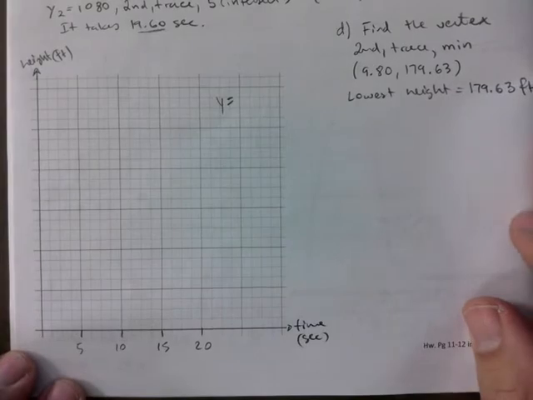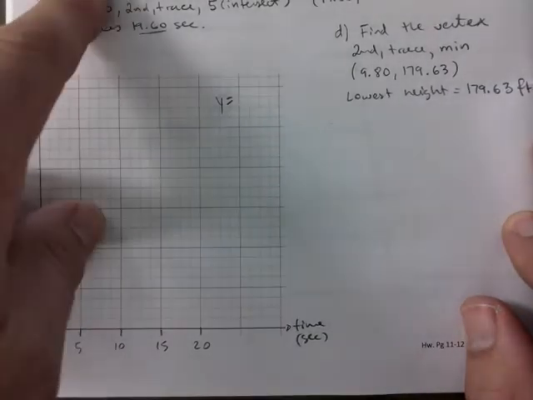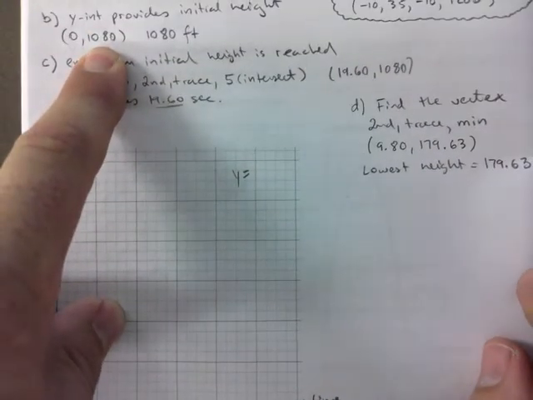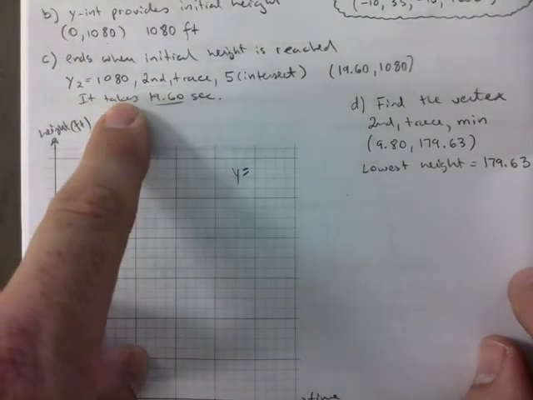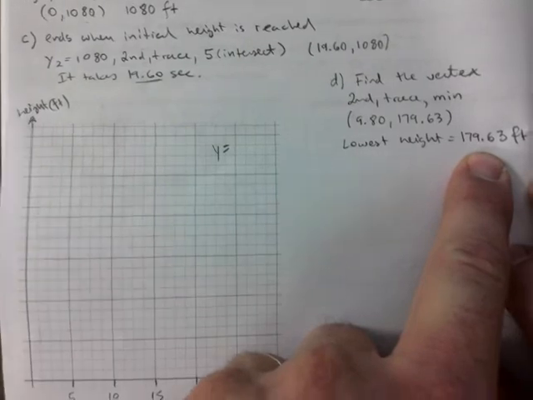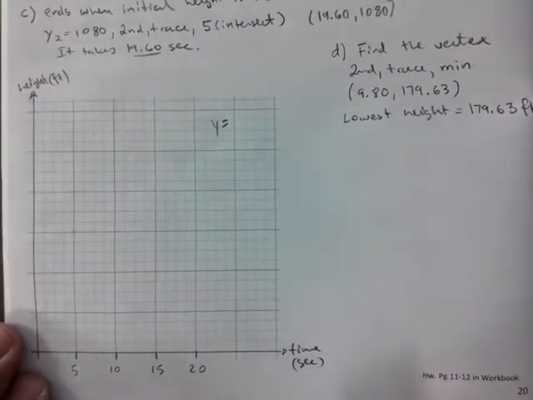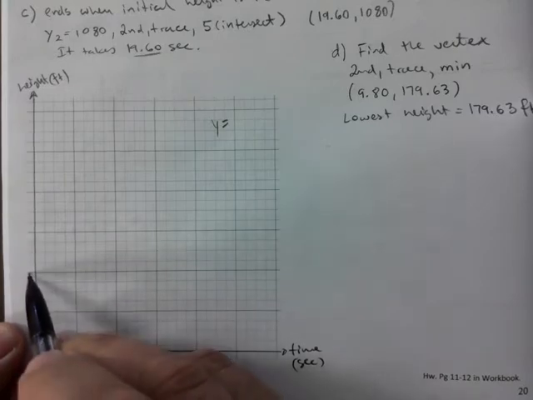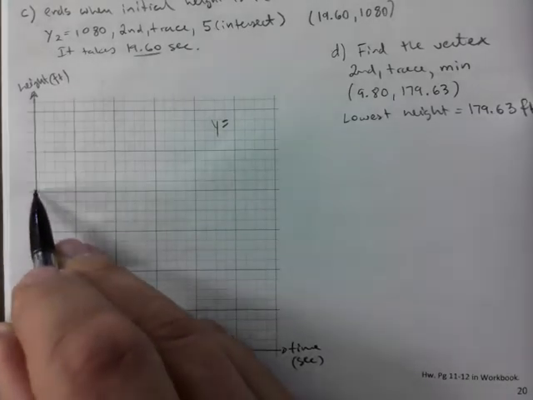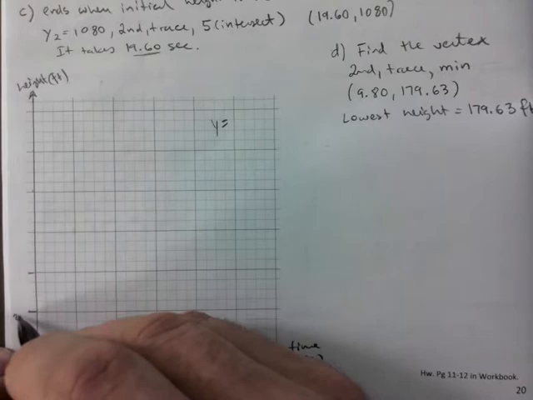And in terms of height, I need to make sure 1,080 is able to fit, and you need to go as low as 179. That should not be a problem. So let me see here. If I go up by 100, that's not going to work, right? Because that's 200, 300, 400. No. So I'm going to go by 200.